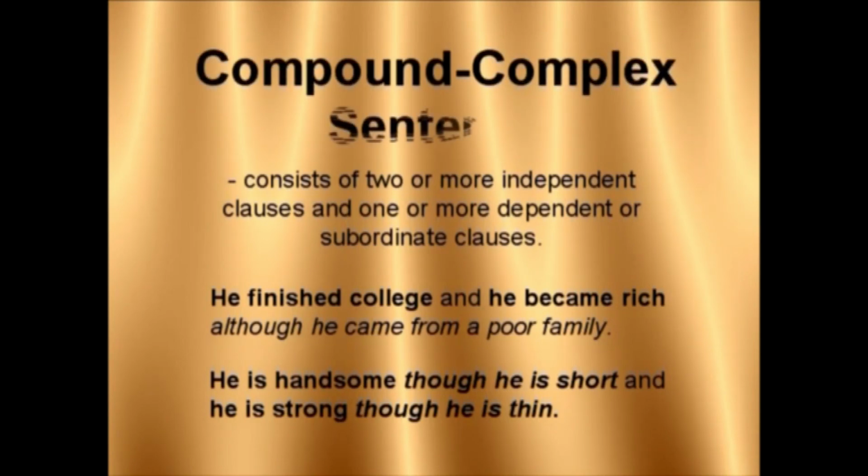A compound complex sentence consists of two or more independent clauses and one or more dependent or subordinate clauses. An example is: He finished college and he became rich, although he came from a poor family. "He finished college" and "he became rich" are the two independent clauses.